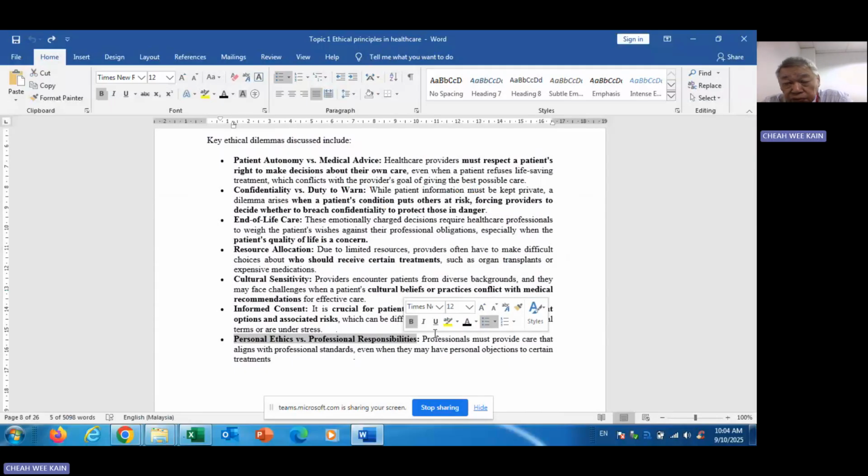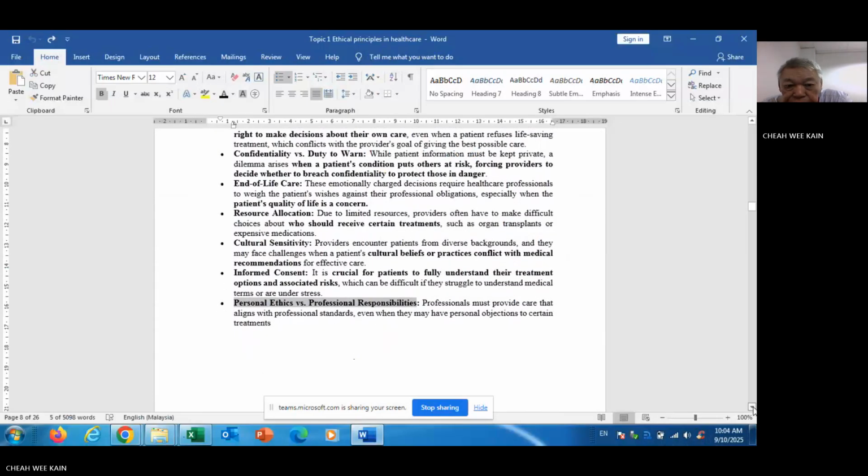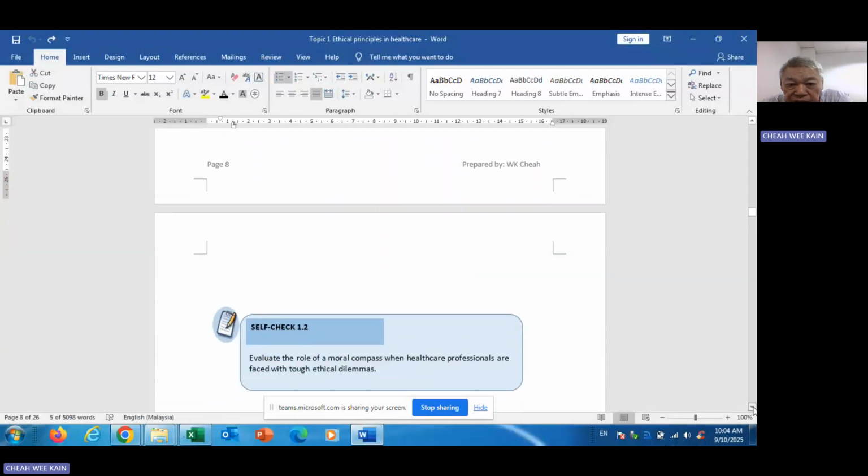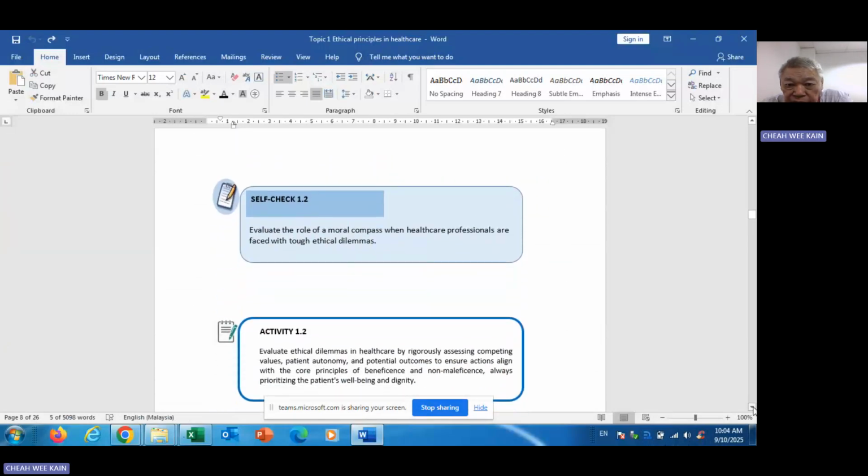So the patient will pay for the new equipment. So we have a return on investment on that new equipment. Private hospitals are basically profit-oriented first.